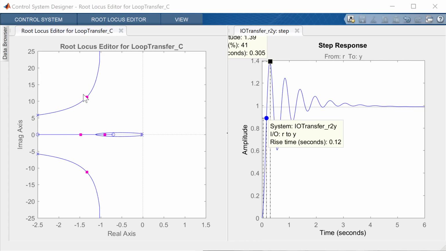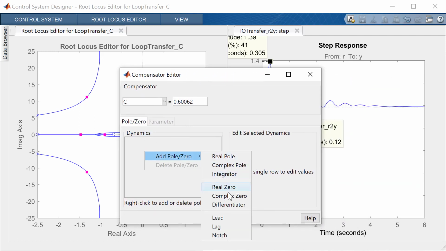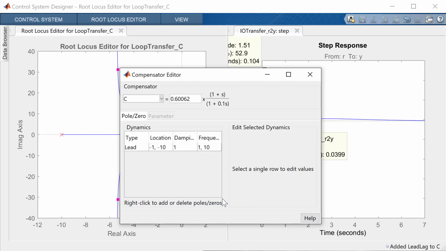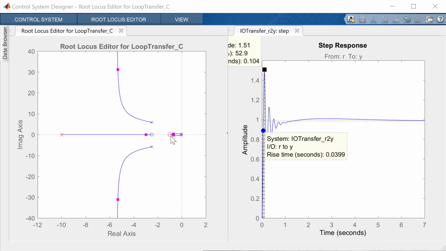So if we go ahead and edit the compensator and add in our lead compensator, this gives us the opportunity to specify both a zero and a pole location.